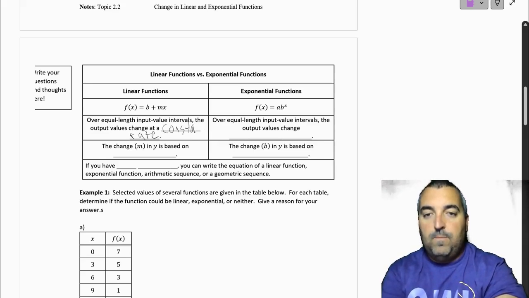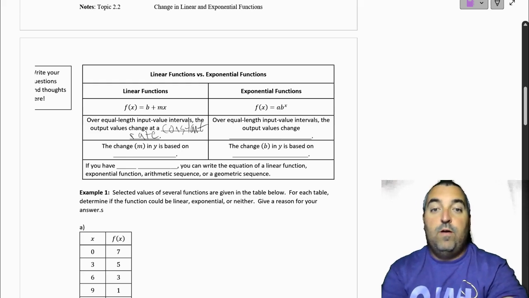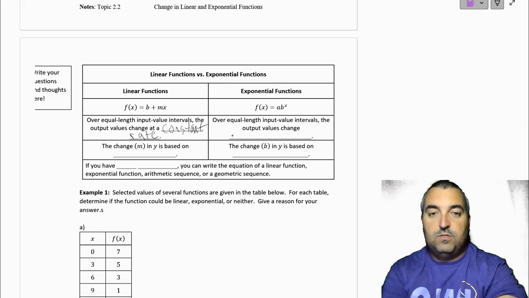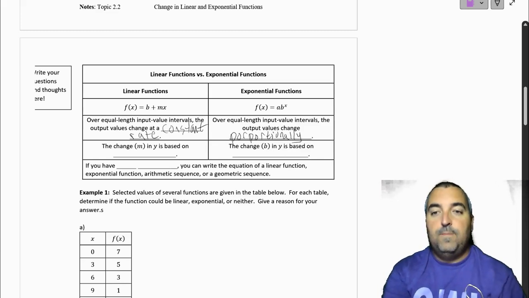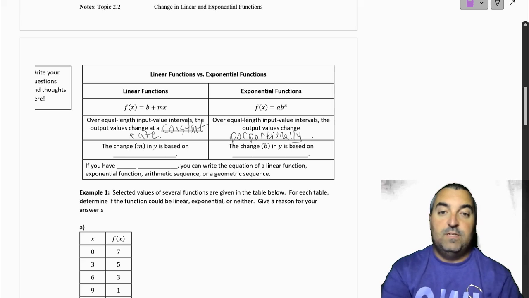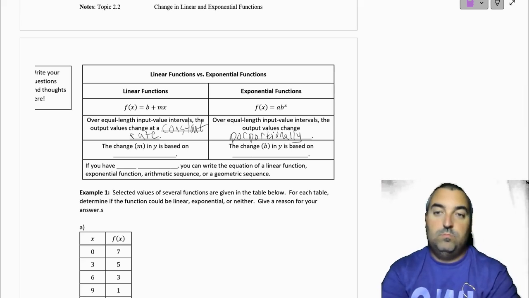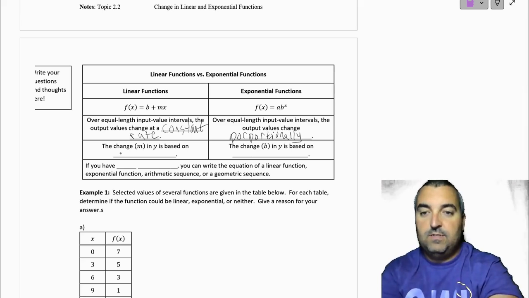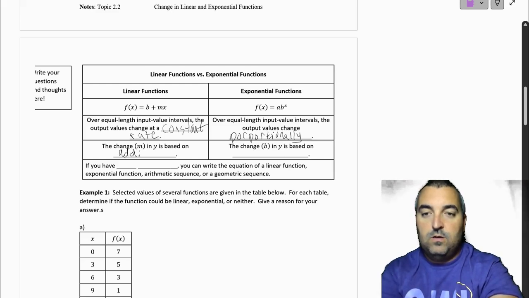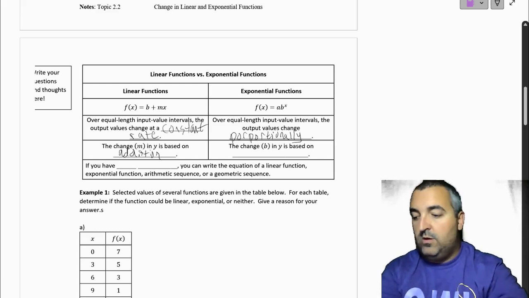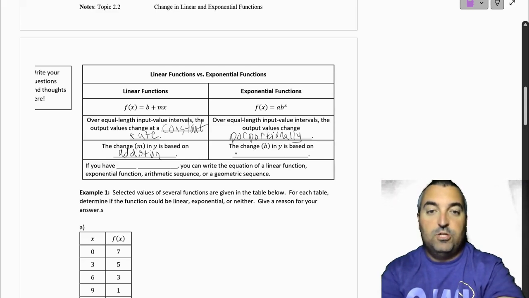Where in exponential, over those same intervals, the output changes proportionally. Meaning they change by the same multiplier, where linear is based on addition. So our slope is based on addition, where the change in y for exponential is based on multiplication.